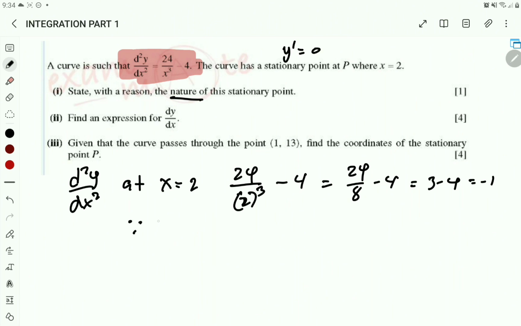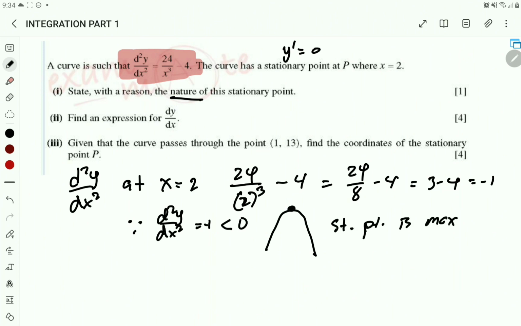Since the second derivative is equal to negative 1, which is less than 0, it opens downward. So therefore, the stationary point is a maximum.